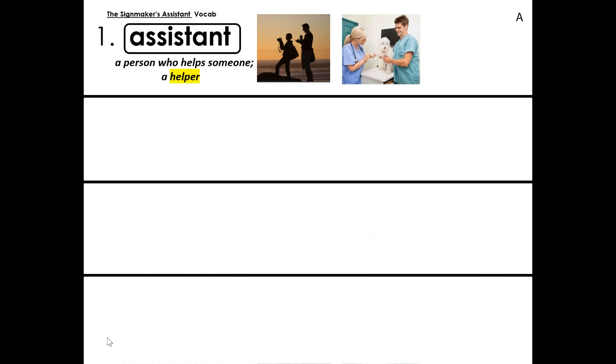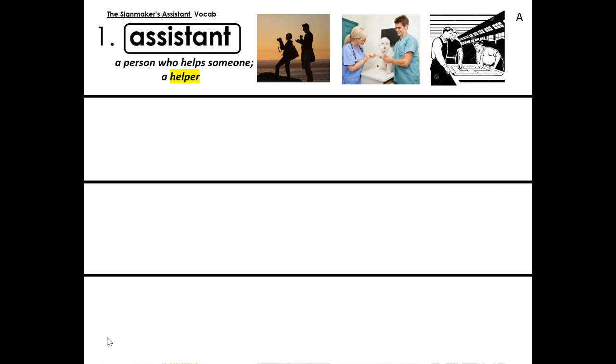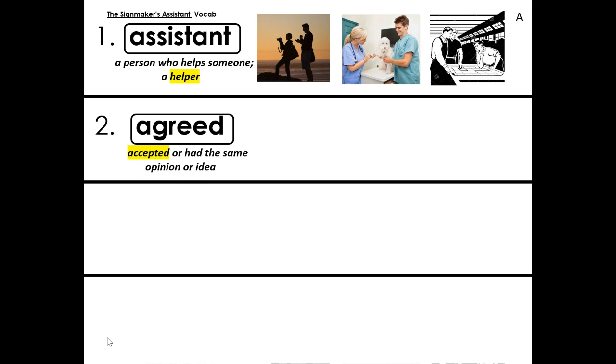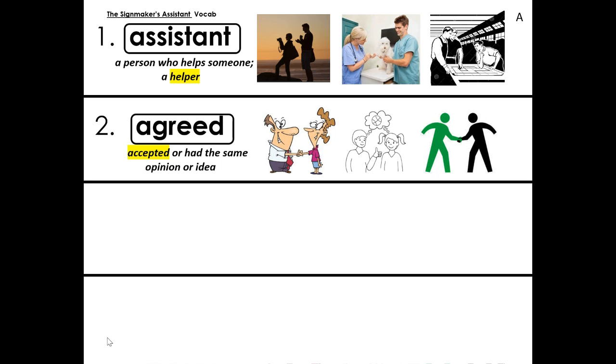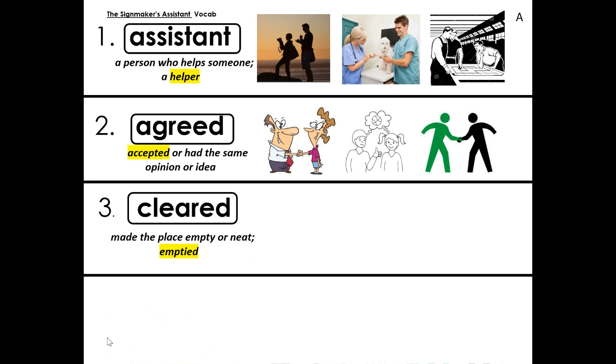All right, time to check your work. Number one, assistant, a person who helps someone, a helper. And notice I highlighted the synonym helper. Number two, agreed. Agreed means accepted or had the same opinion or idea. Another word for agreed is accepted. Number three, cleared, made the place empty or neat.